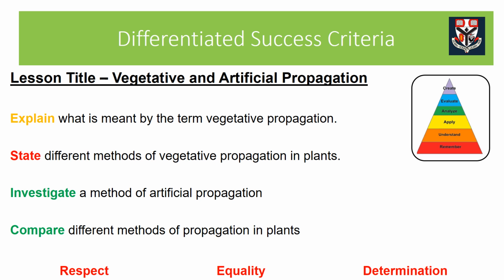You have been given the opportunity here to evaluate your learning against the differentiated success criteria. If there are any of these success criteria you are not able to meet, please go back to the relevant part of the video and revise.